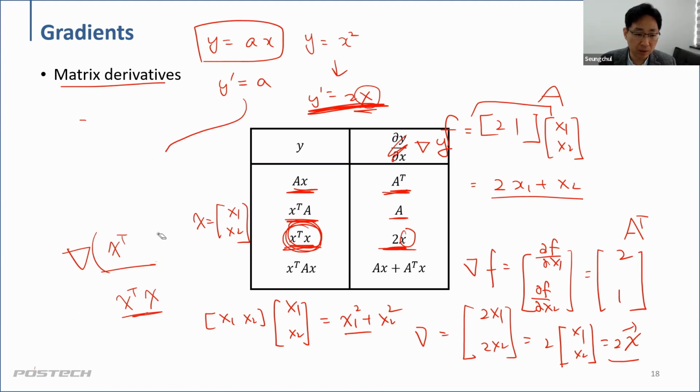And the last one is, suppose we have x transpose A x.